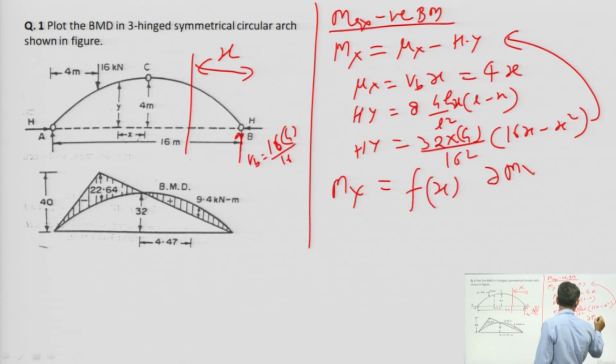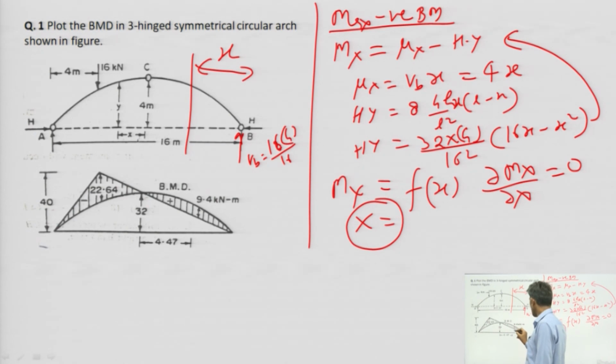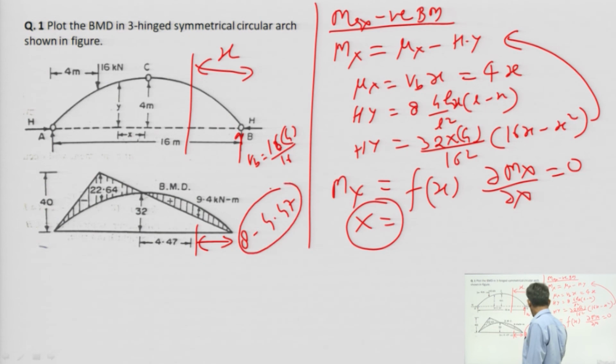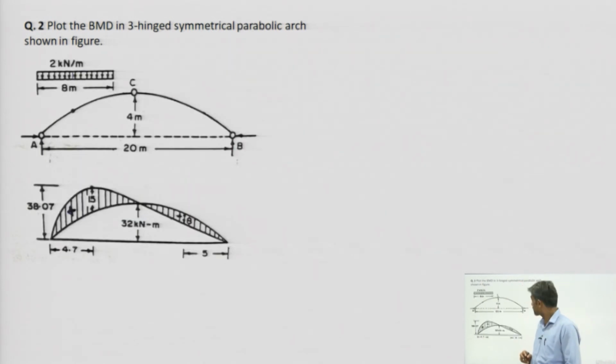Differentiate Mx with respect to x and equate it to 0, then we will get the value of x where it has the maximum bending moment. After calculation you will get this distance as 8 minus 4.47, and by putting this value in this equation, you will get the maximum bending moment, which will be 9.4.